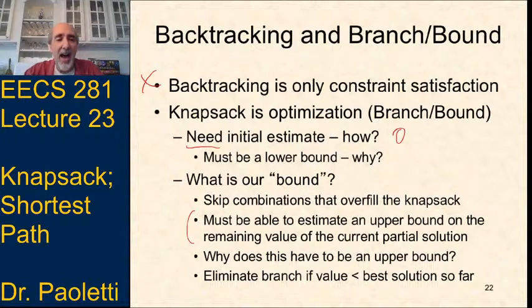So, how do I get an initial estimate that is less than or equal to reality, and how do I get an estimate of the remaining portion that's greater than or equal to reality? Now, these are things we've already talked about today.